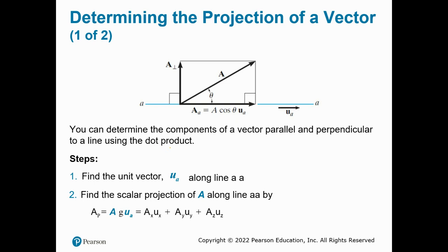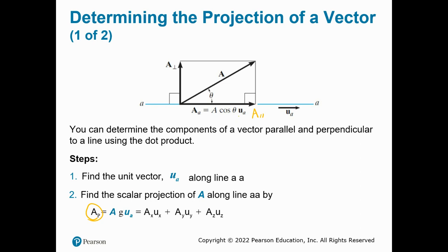Over here, we can determine the component of a vector parallel and perpendicular to a line using the dot product. Vector A, we can project into two different axes, horizontal and vertical. We're going to call the vertical one the perpendicular, A perpendicular, and the horizontal one the A parallel, or later in our notation, AP.